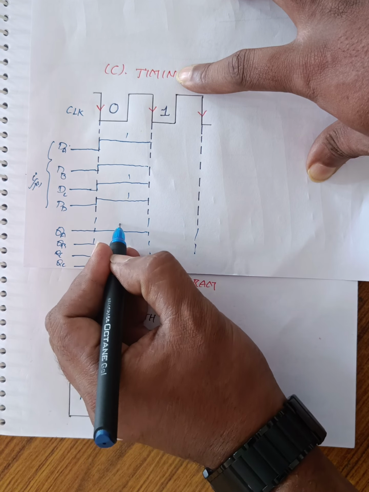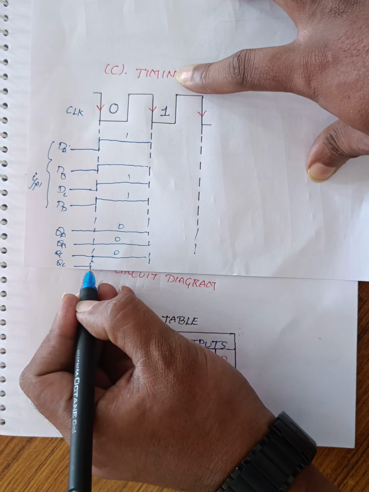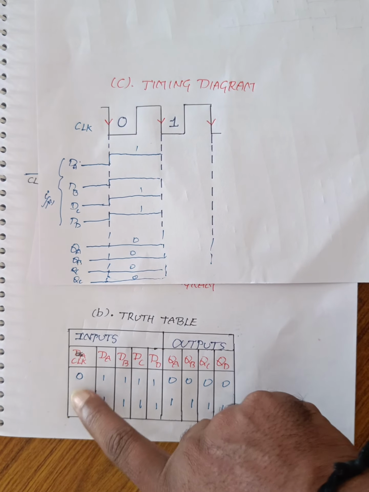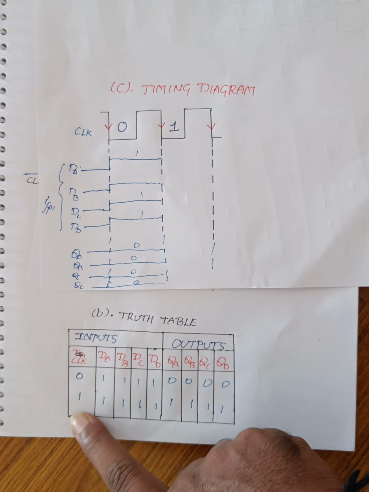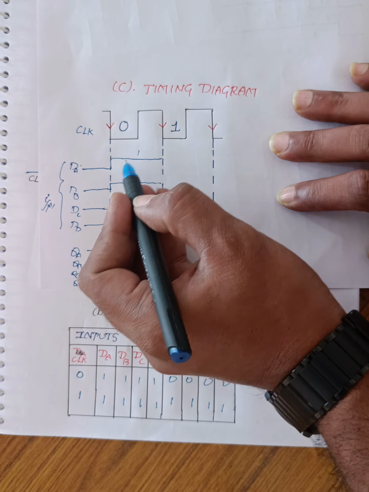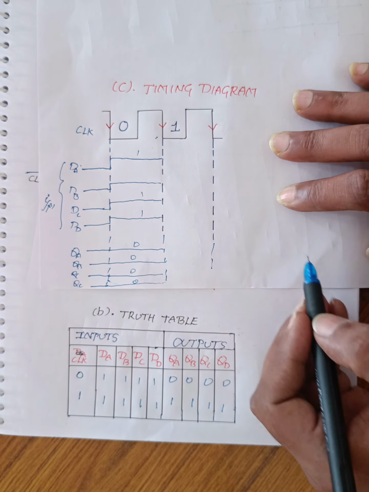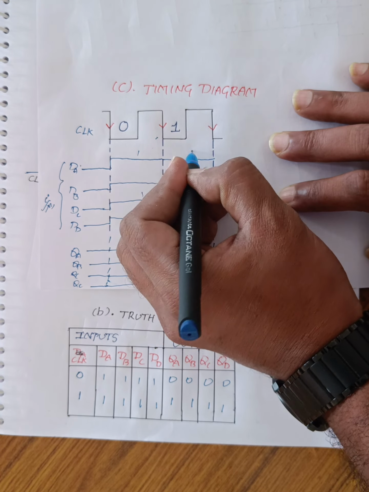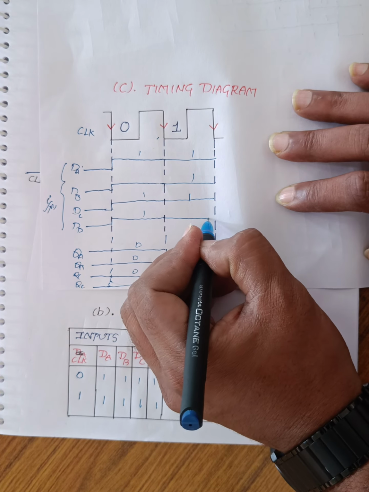Reset condition means draw one straight flat line at 0 for all outputs. Whenever the first clock pulse is applied, negative edge triggering means the downfall edges. The clock is a combination of logic 0 and logic 1. Whenever the first clock pulse is applied, the input data is 1, 1, 1, 1.